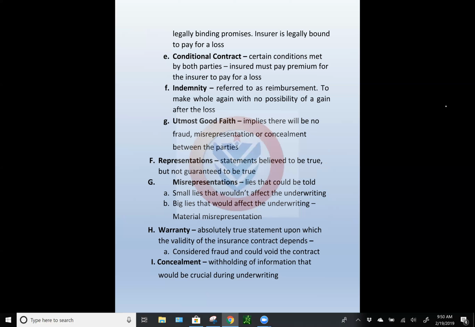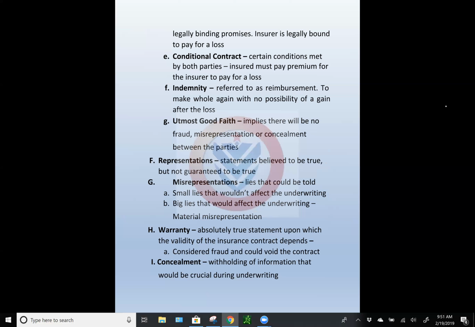So misrepresentations are the lies that I would tell you, but there's two different levels. First, there are small white lies that would not affect the underwriting of the policy. Then there are big lies that would affect the underwriting of the policy. That big lie is called a material misrepresentation because it is material to the underwriting of the policy.